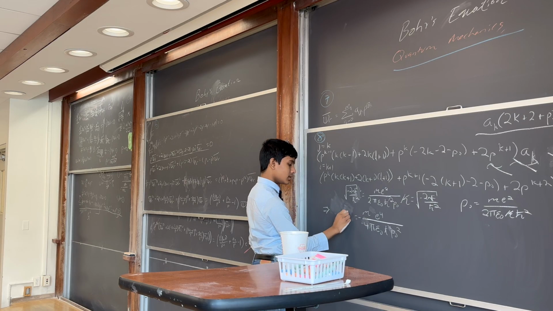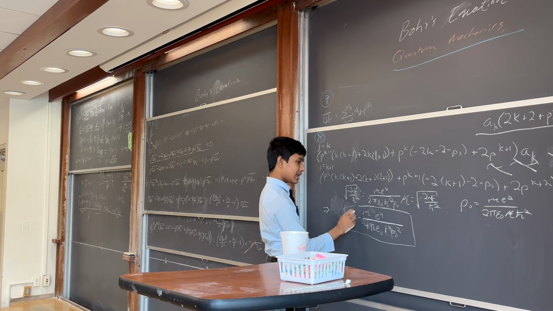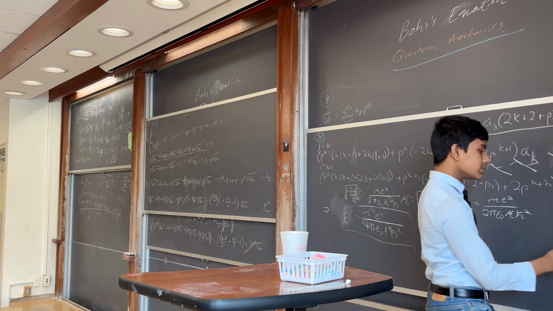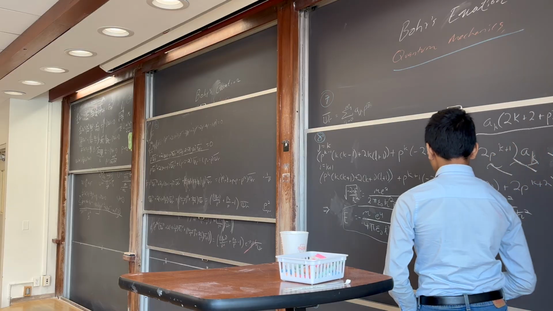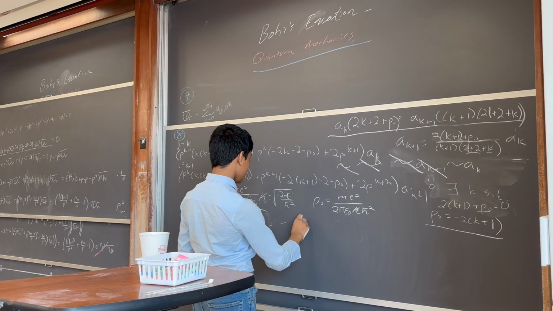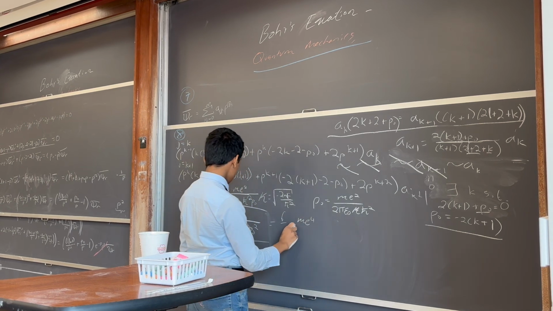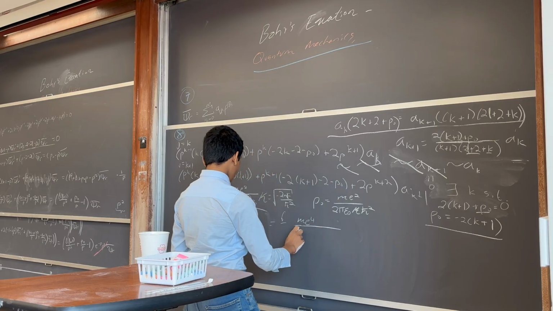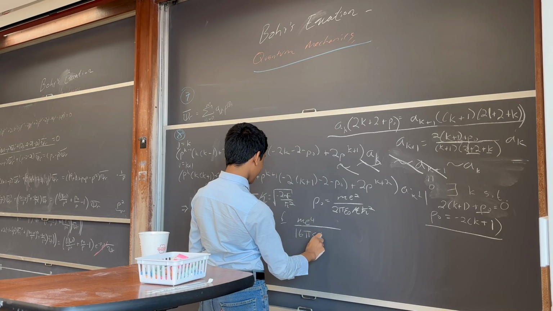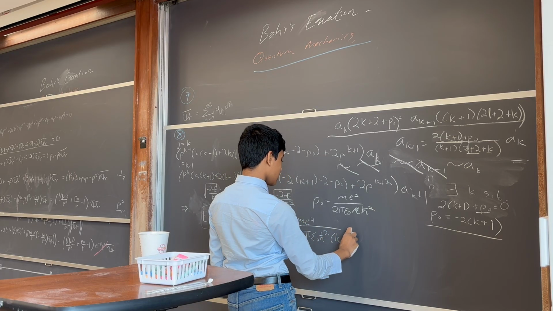So E is this. But that's not it, because we just realized that rho naught is this, which gives us minus me to the 4th. Yes, I told you this was going to have a minus sign all along. Divided by 16 pi epsilon naught h bar squared k plus 1 squared.